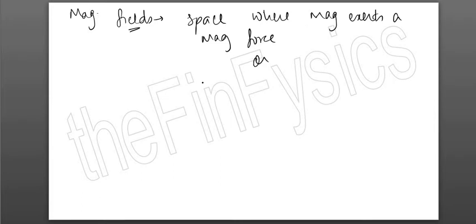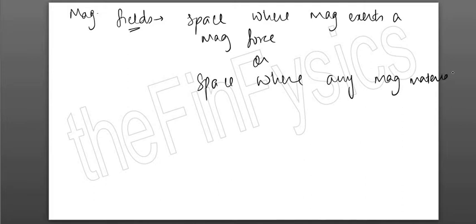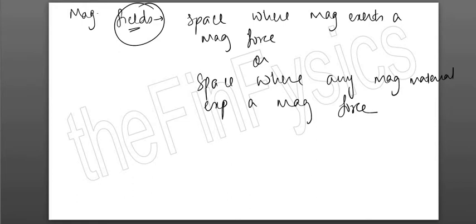Or you can define it as a space where any magnetic substance or magnetic material experiences a magnetic force. So this is about magnetic fields. Remember, the same definition would go along for gravitational field and electric field. It's just that these terms over here would vary.